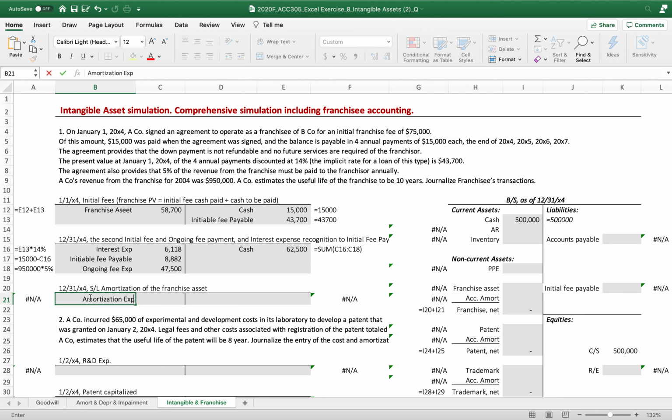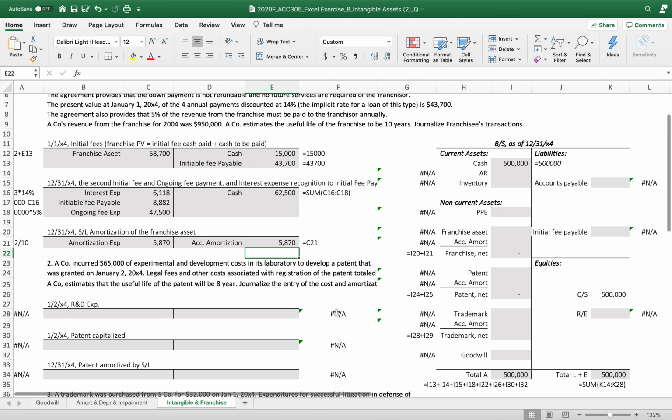Amortization expense is the franchise fee divided by the useful life of the franchise for the company, right, 10 years. So 5,780 should be allocated to amortization expense and accumulated amortization as well.